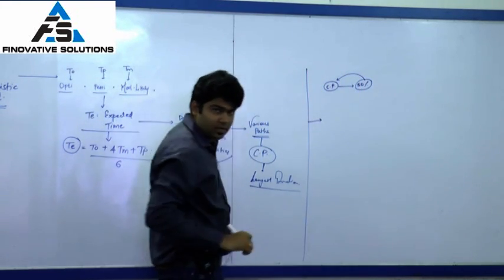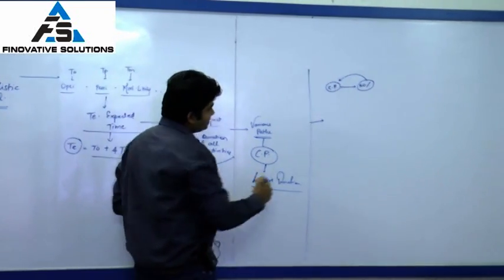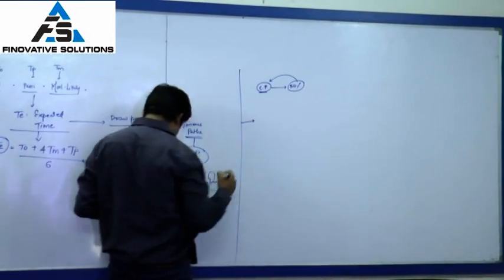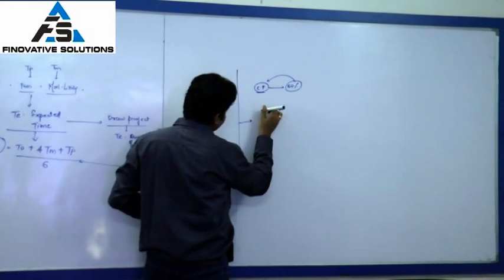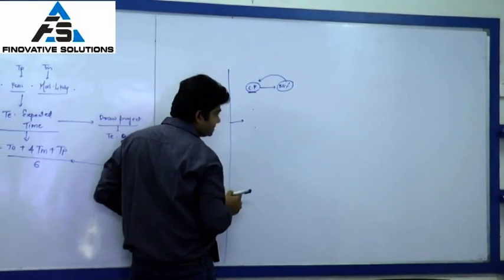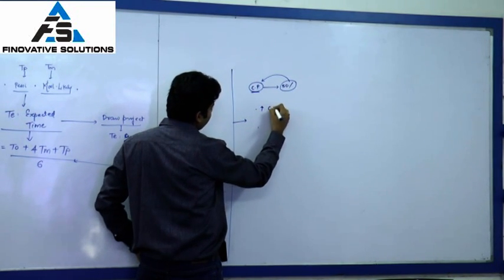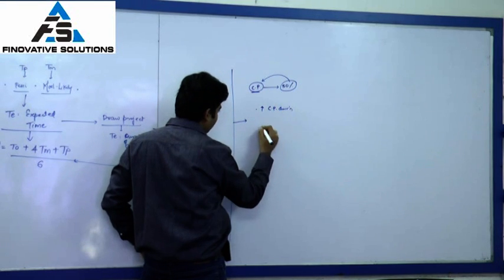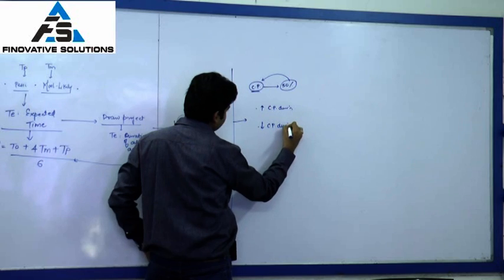The chances that the whole project will be completed as per the time duration given by the critical path is 50%. Then I will be given certain possibilities, either more than the critical path duration or less than the critical path duration.